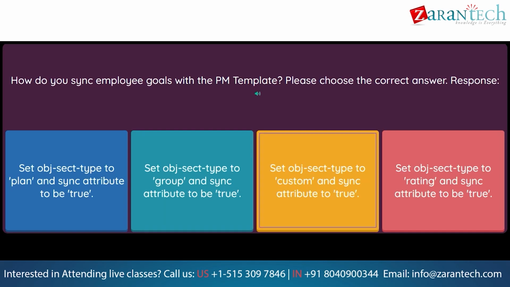Option 3 Set up JSEC type 2 'custom' and sync attribute to be 'true'. Option 4 Set up JSEC type 2 'rating' and sync attribute to be 'true'.